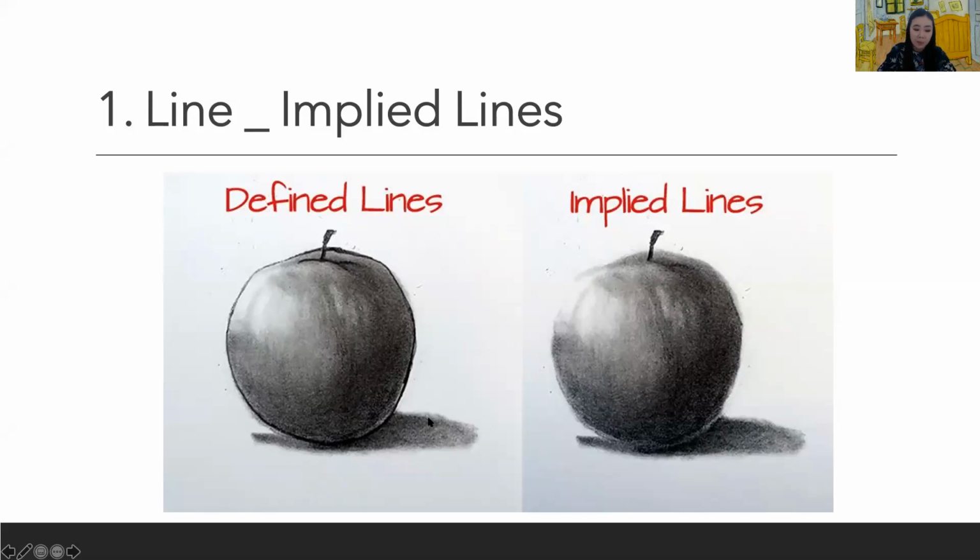However, there is no defined line on the right apple drawing. However, our eyes can imagine the outline of the apple on the right one because of the chiaroscuro, which is a value mass drawing that is called implied line.